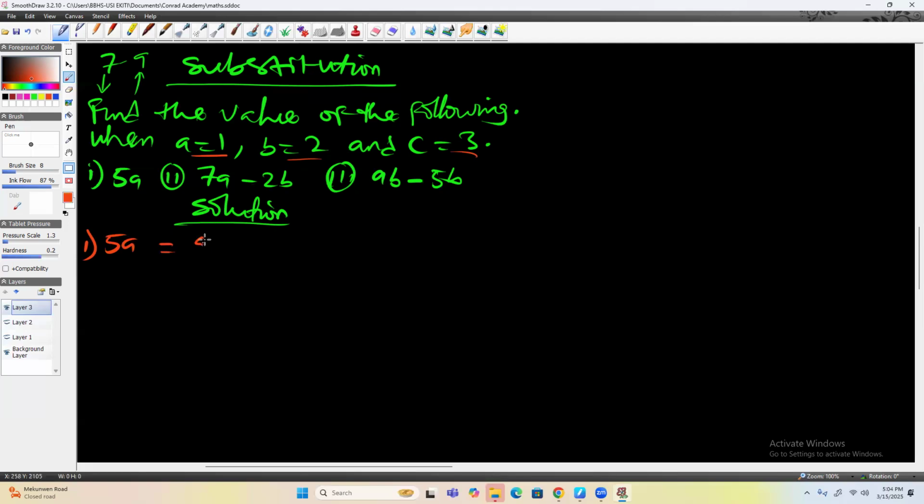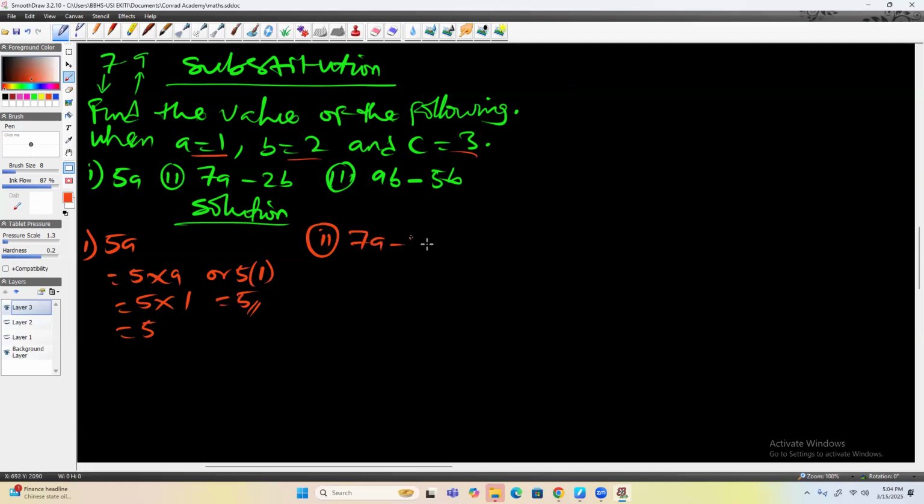Remember that this is equal to 5 times a. So a is 1, and 5 times 1 is 5. Or some people will do it like this, which is much better: 5 times 1, which is still 5.